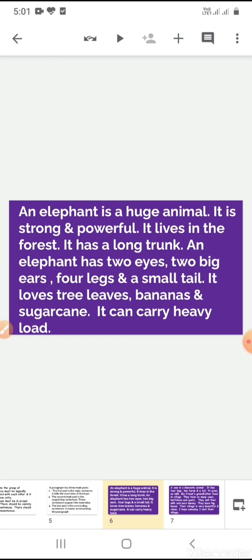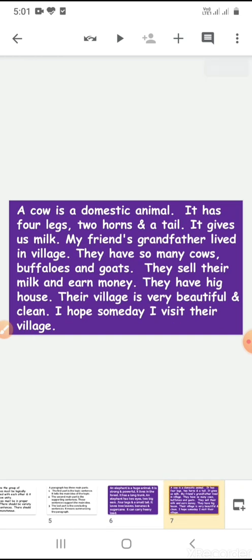Now we are going to read the other paragraph. A cow is a domestic animal. It has 4 legs, 2 horns and a tail. It gives us milk. My friend's grandfather lived in a village. They have so many cows, buffaloes and goats.